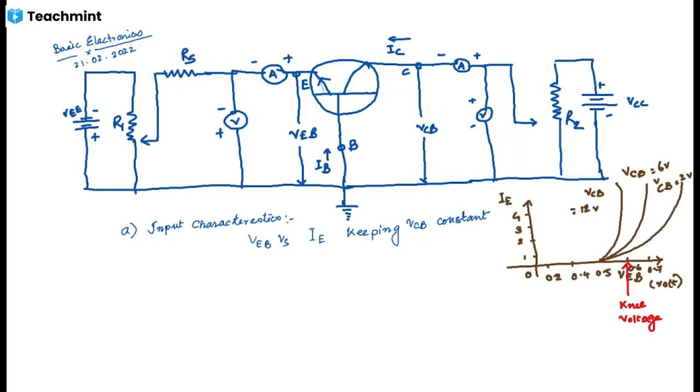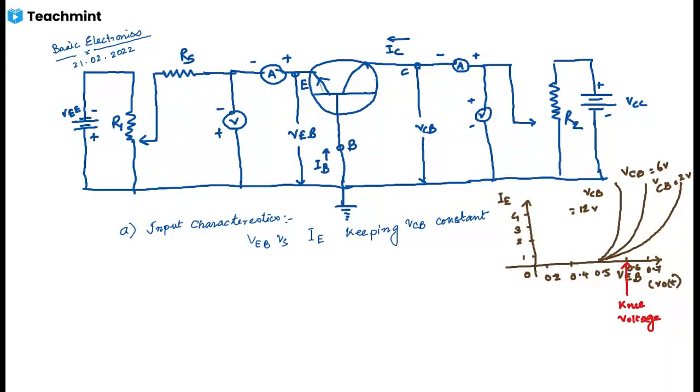So R1 is the potentiometer, will vary the voltage of VEB. The collector voltage VCB is varied by adjusting the potentiometer R2. The DC milliammeters and DC voltmeters have been connected in the emitter and collector circuits to measure the voltages and the currents. The input characteristics in CB configuration are plotted between emitter current IE and the emitter base voltage VEB for different values of collector base voltage VCB.